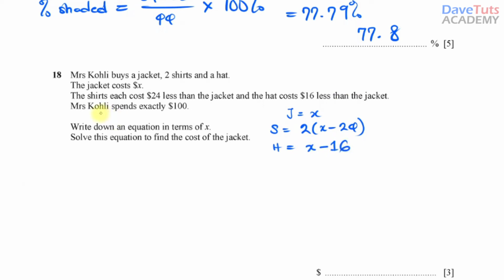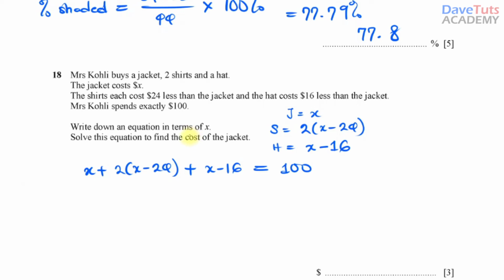Okay. So now from what we are told, Mrs. Coley spent exactly $100. So the addition of these 3 will amount to 100, so that we have X plus 2 times X minus 24 plus X minus 16. The addition of everything is going to give us 100.